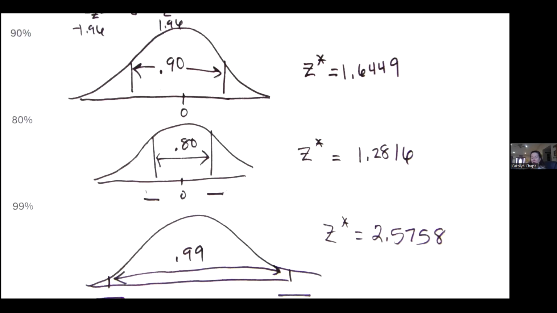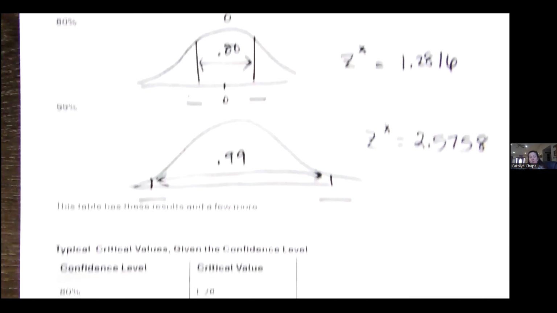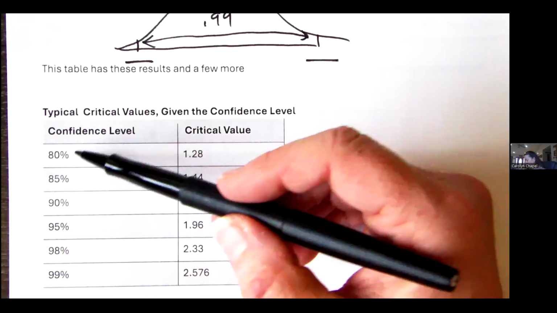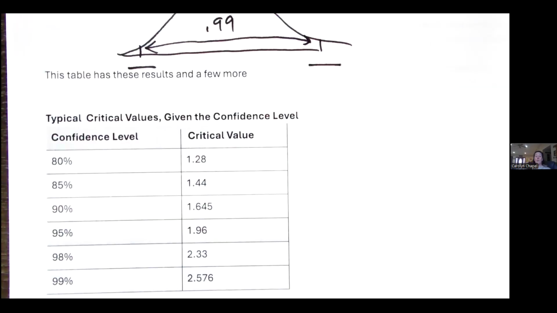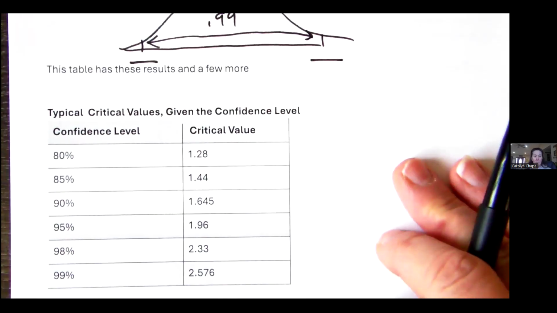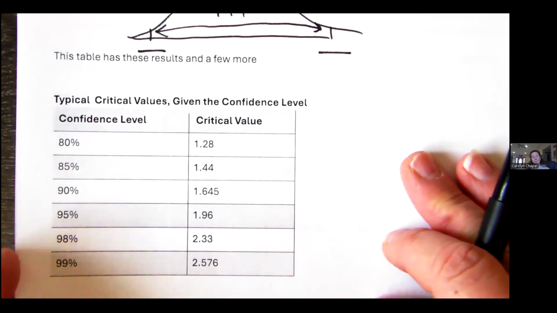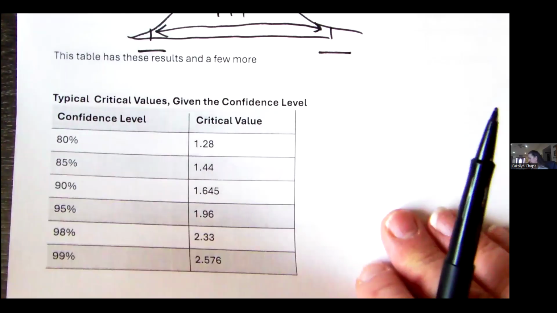So these are how you could get them. We could do a whole mess more if we wanted to, but I did put in our notes a nice little table for 80%, 85, 90, 95, 98, and 99. These are probably the most commonly used values. And so I thought I'd just put those in there for your reference.